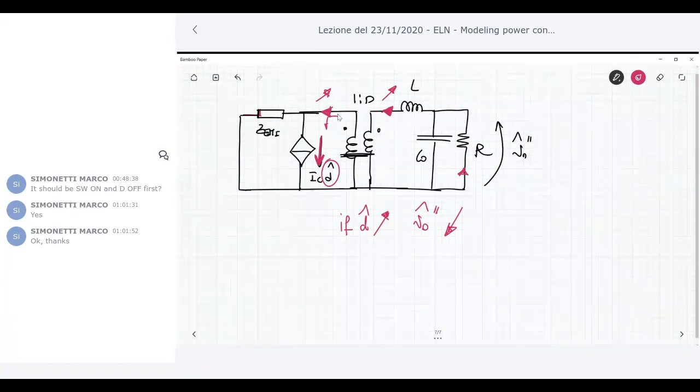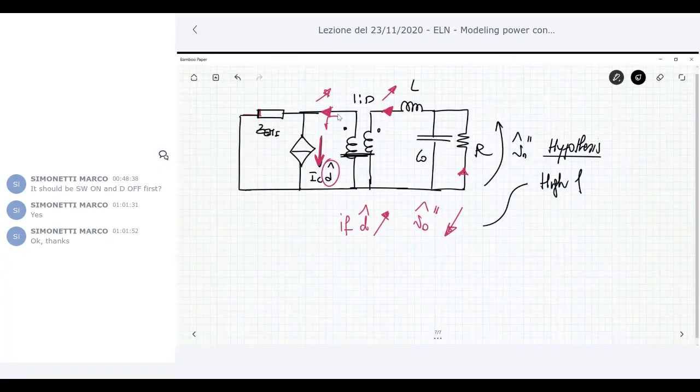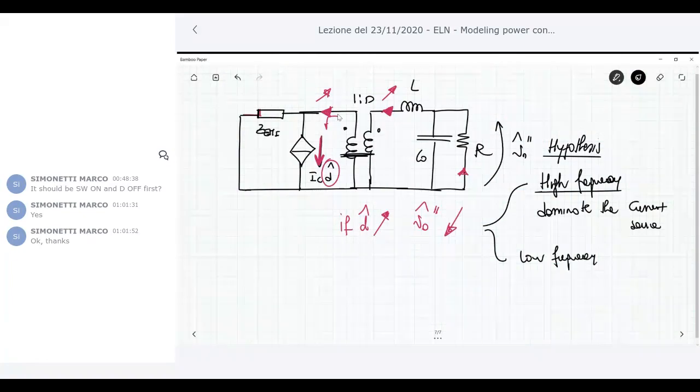This is a hypothesis. At high frequency, the behavior that dominates is that of the current source, and in the low frequency range, the behavior of the voltage source dominates.